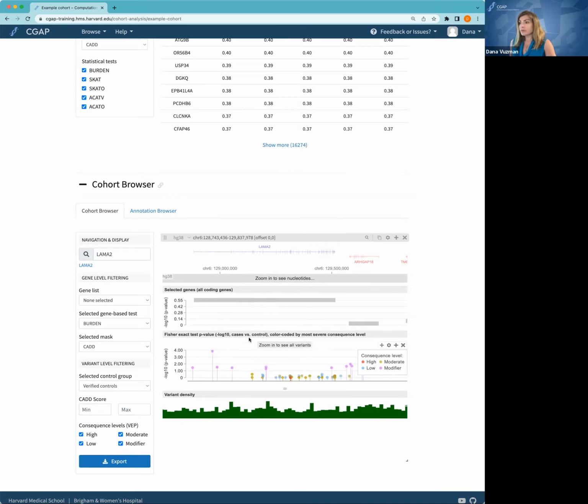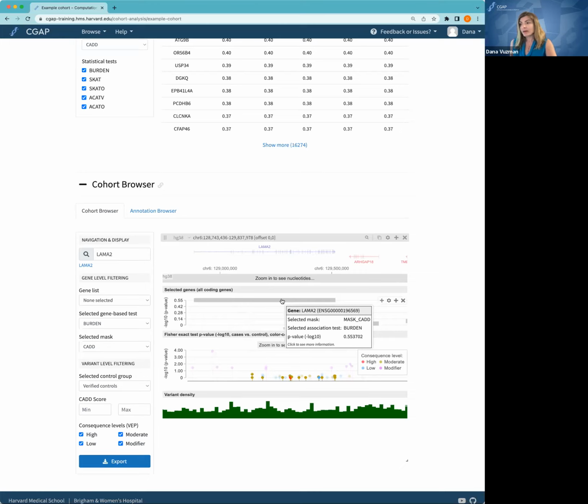And we can also look at which variants were included in the calculation of the burden test of this gene. And as you can see, the included variants are highlighted. If you notice, whenever I hover over this p-value, I can see that many of these variants are actually not included in the calculation.